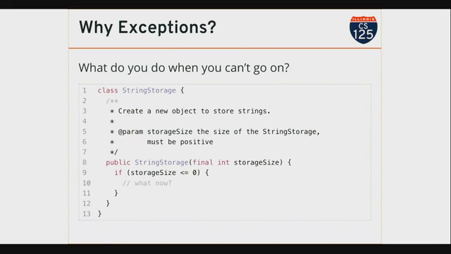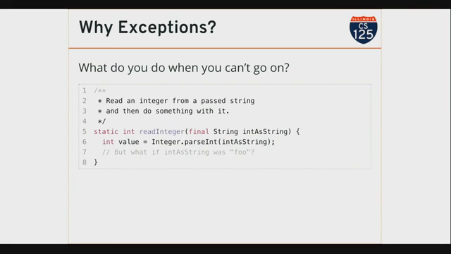I can leave this object unconfigured, and maybe not set up the storage it needs, but what I really want to be able to do here is signal to the code that has tried to create a new instance of the string storage that you've done wrong. You messed up. This is not correct. You've passed an invalid value to this constructor.